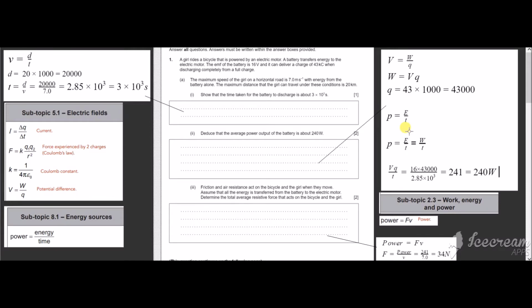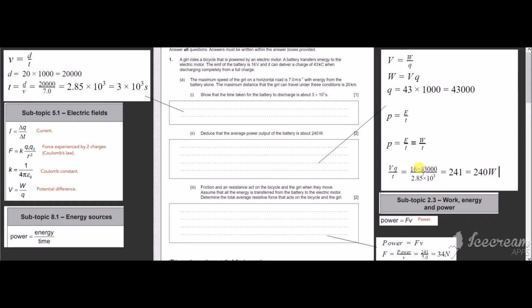So now that we have this, P, power, is equal to energy over time taken. This can also be written as power is equal to work done over time taken, that is shown over here. And we know that work done over here is equal to the voltage times the charge. So the formula we have is the voltage times the charge divided by the time, and we're just replacing this W over here with the voltage times charge.